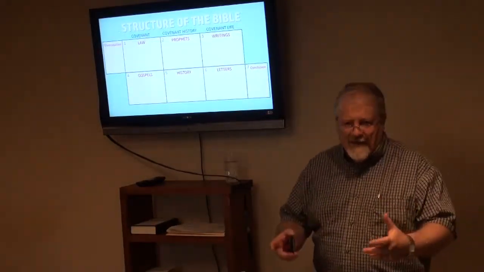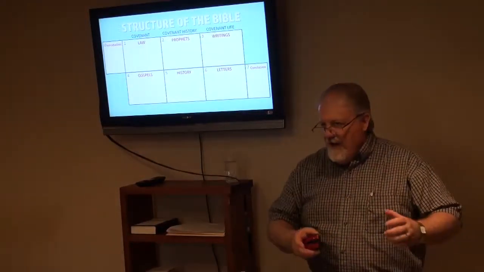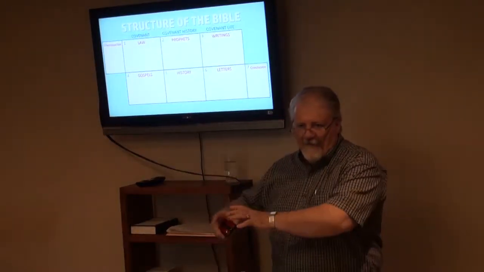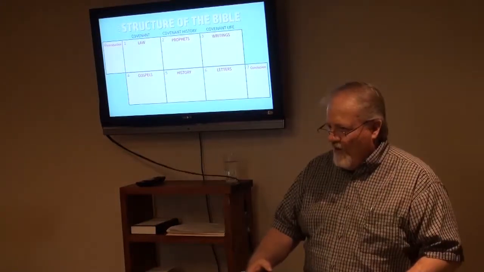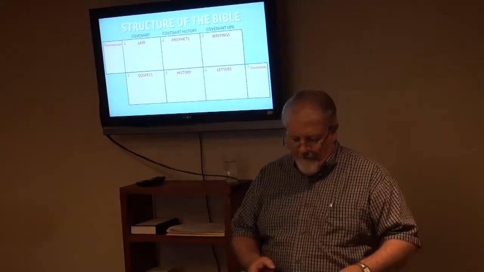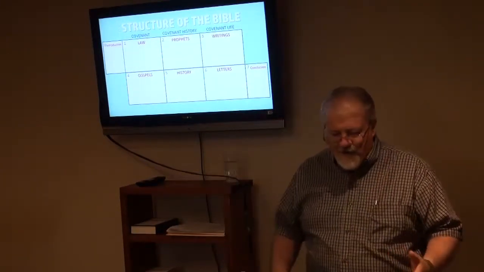So the coincidence of the 7 days of creation becoming the divine design for the structure of the whole Bible is really not a coincidence at all. It is really nothing less than a remarkable design that comes from the Creator.